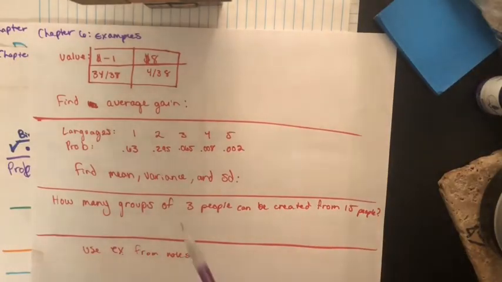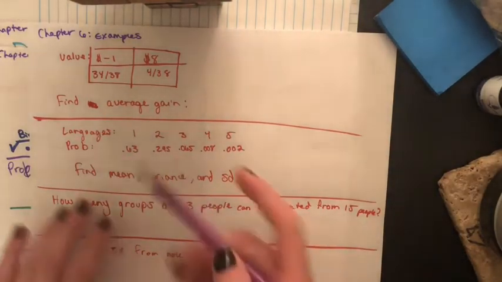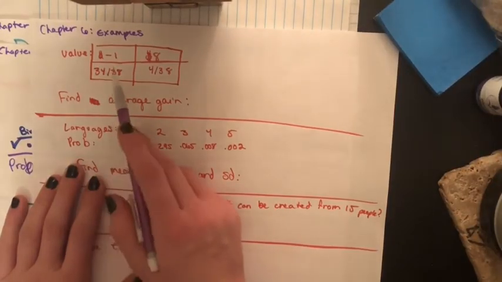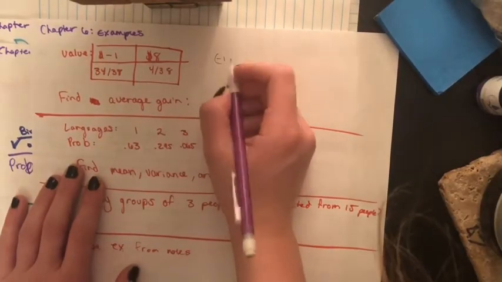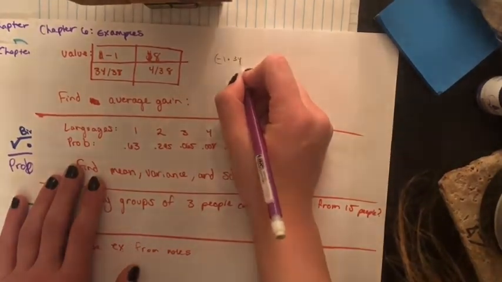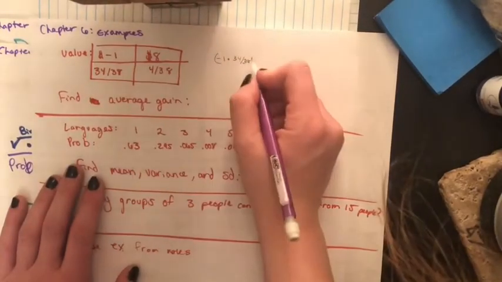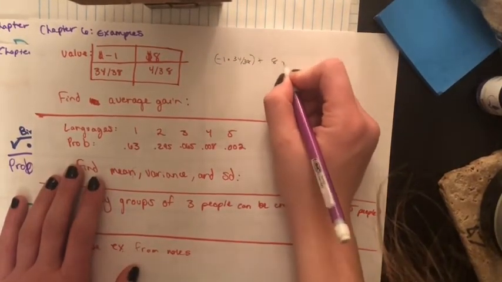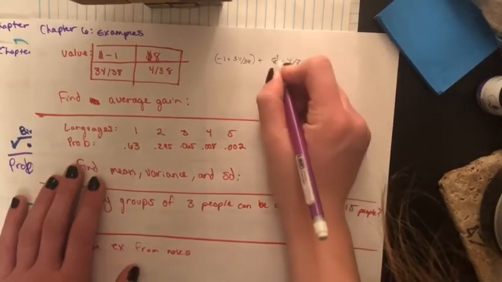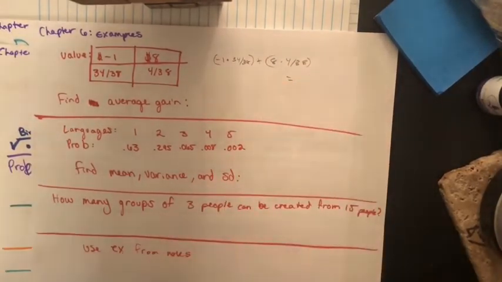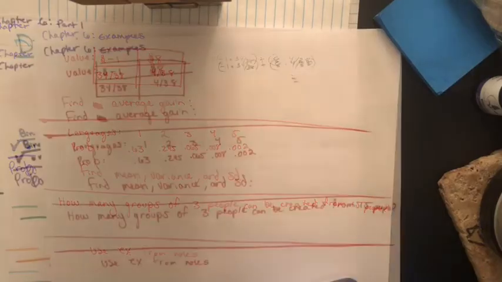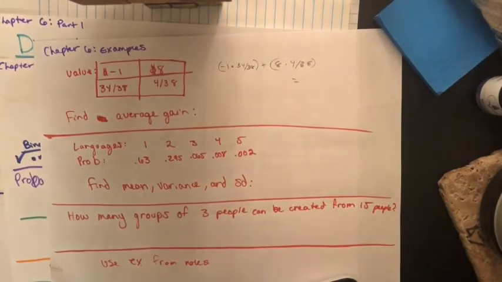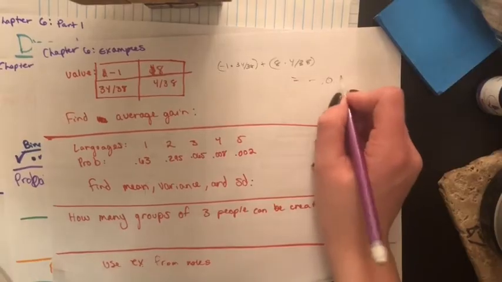Okay, so here we're going to find the average gain. I didn't write any context, I just wrote this out. So for average, as you can remember, you're going to do this number times that number plus 8 times 4 over 38, and that'll equal negative 0.05.